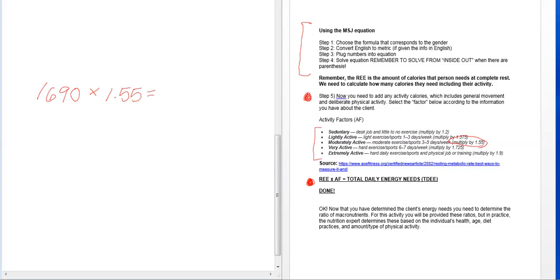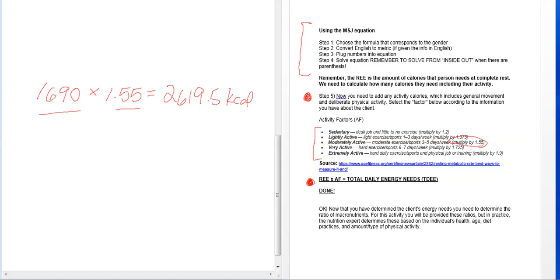Now, essentially what you're doing is you're adding 55% more calories to whatever she needs at rest. When I do that, I get 2,619.5 calories. Now, a half a calorie is also negligible. So we're always going to round to the nearest calories in anything we do with nutrition.